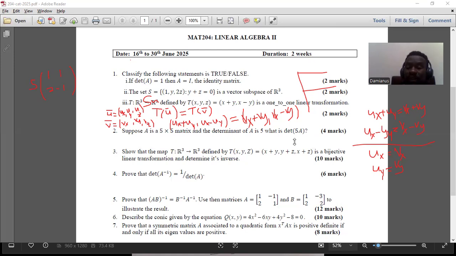The determinant of 5A will be the determinant of A times 5 to the power 5, because there are 5 rows or 5 columns. Each of the rows or each of the columns is multiplied by 5. Look at what happens. What's the determinant of this guy here? 1 times minus 1 is minus 1, minus 2 is minus 3. Now, if you scale by 5, it becomes minus 15.